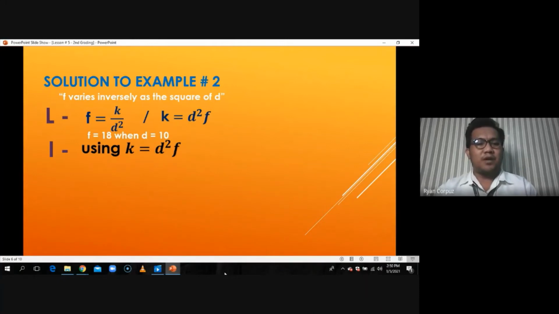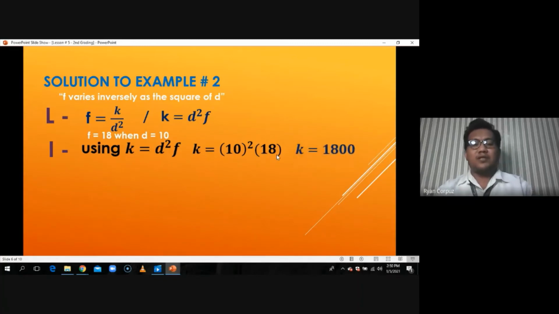We will use that complete value to find K. So let's substitute: K is equal to D, which is 10, so 10 squared times F, which is 18. And 10 squared is 10 times 10, which is equal to 100. 100 times 18 is 1,800. So the value of K is equal to 1,800.